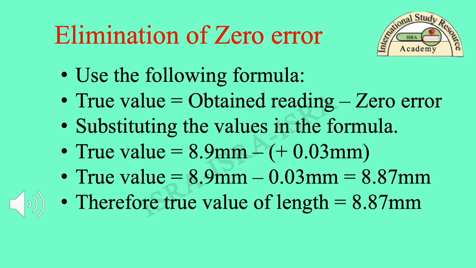Substituting the values in the formula, true value is equal to 8.9 mm minus (positive 0.03 mm), coming out to be 8.87 mm. Therefore, true value of length is equal to 8.87 millimeter.